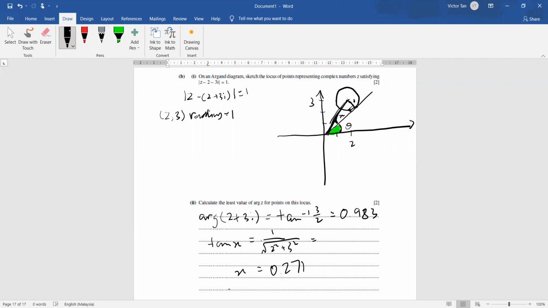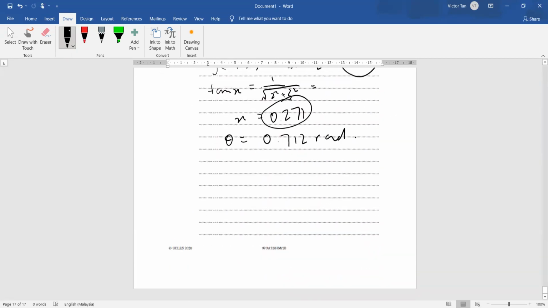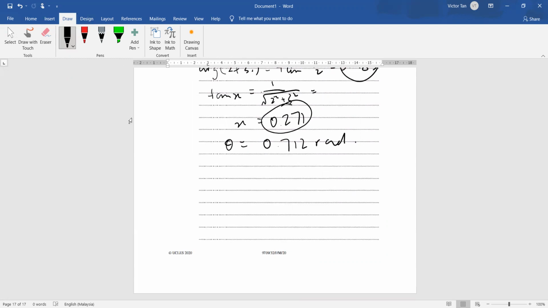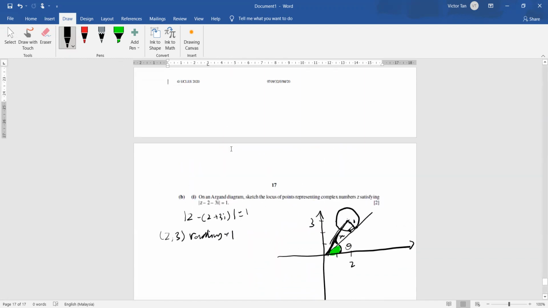So the answer theta would be this value minus this value, 0.712. Okay, that's it. So we have finished.